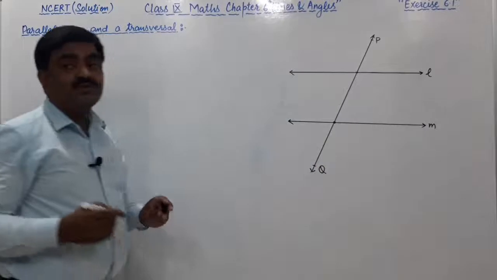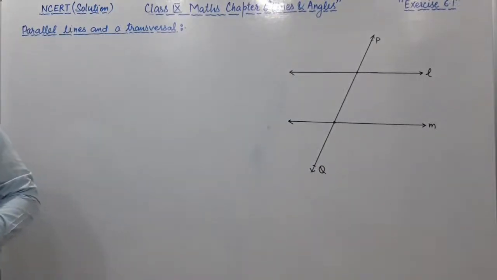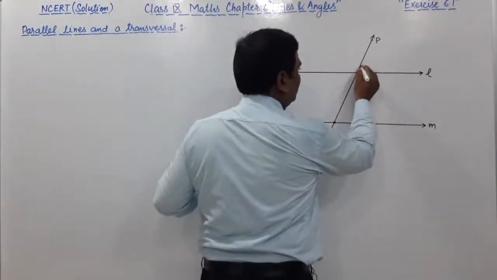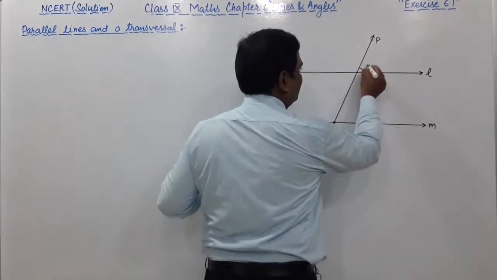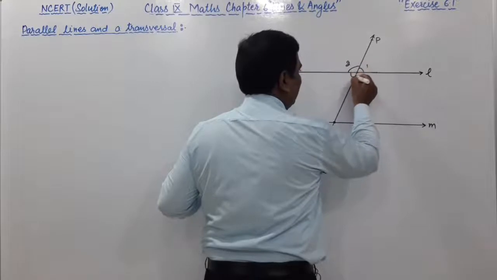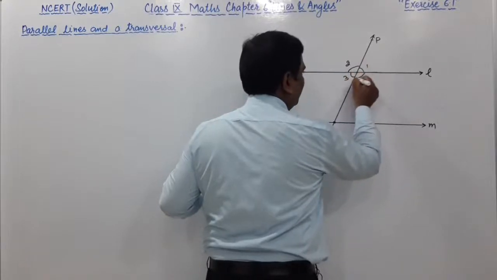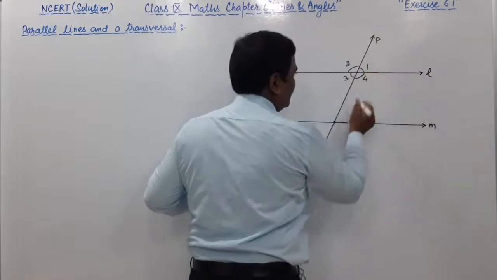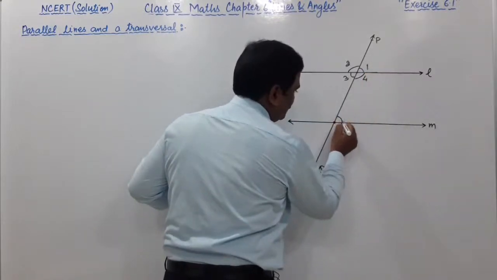Right students? So I have read so many angles right now. अभी हमने बहुत से pairs of angles discuss किए, right? Like this is angle 1, angle 2, angle 3, angle 4. Same as 4 angles are here also.